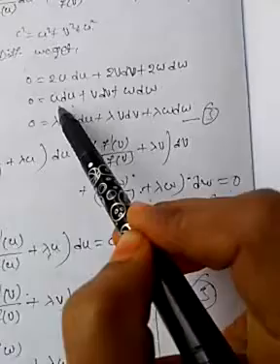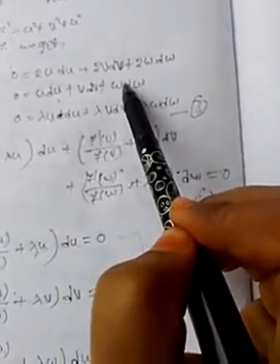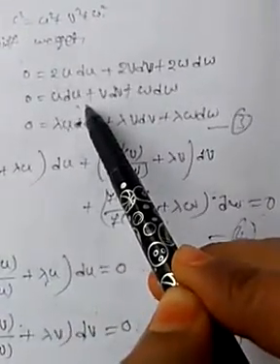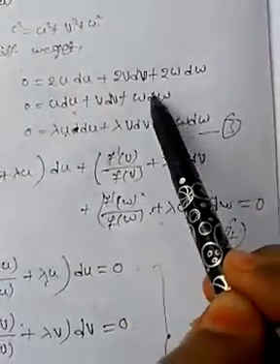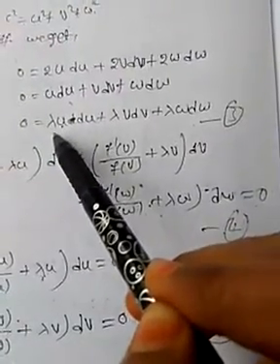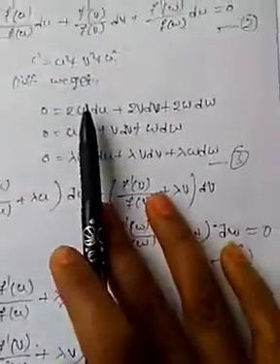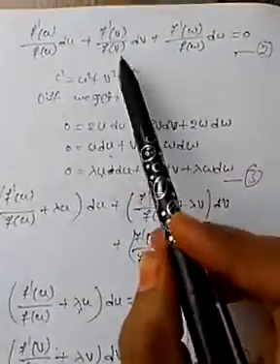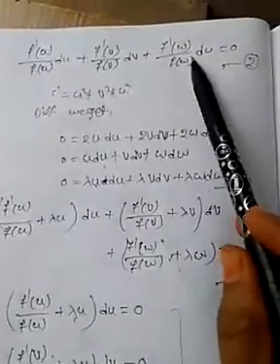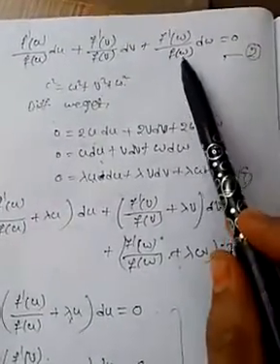And again this becomes u du plus v dv plus w dw equals 0. And here we are multiplying this equation with lambda, where lambda is a constant quantity.